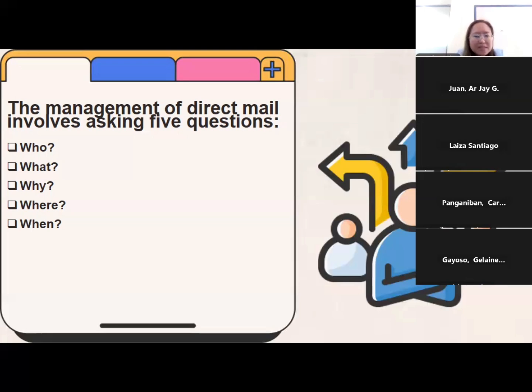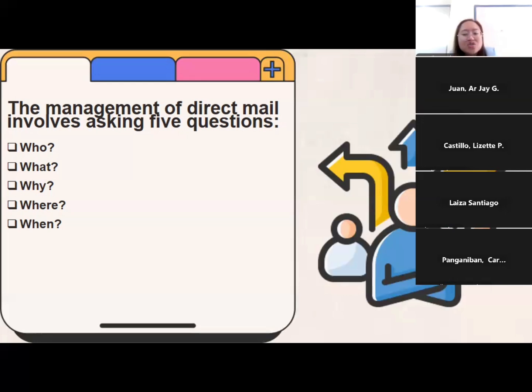Another question is where. Find out where you can reach them, such as their home or business address, like Netflix. They want to ensure that they have accurate mailing addresses or email addresses for sending promotional offers or renewal notices to their subscribers.